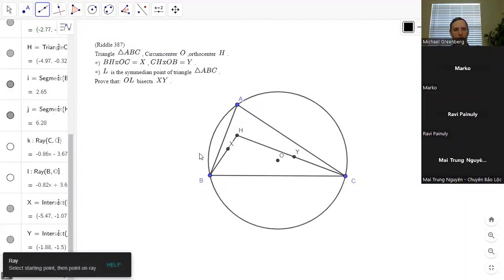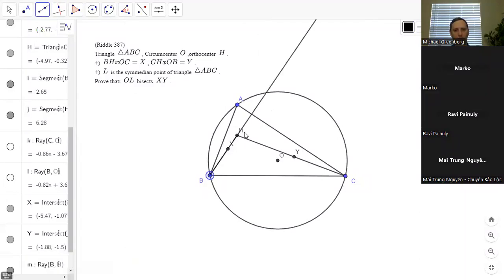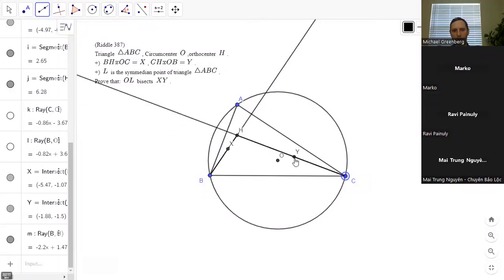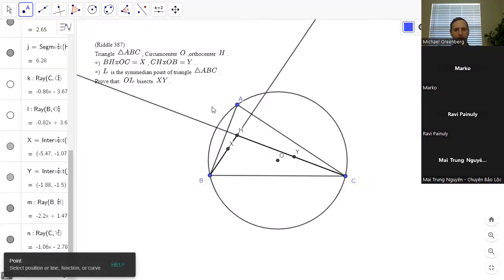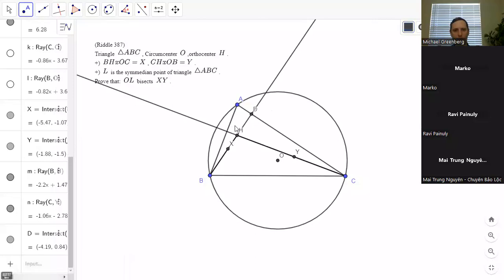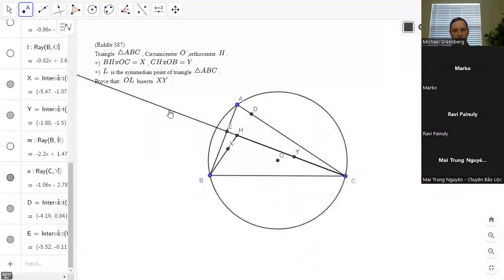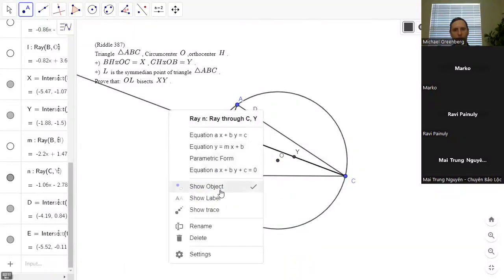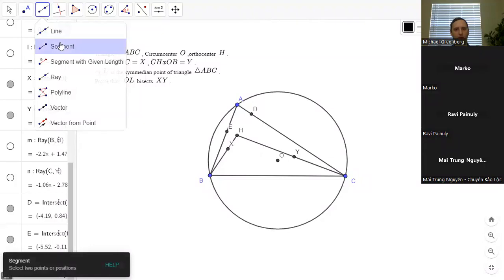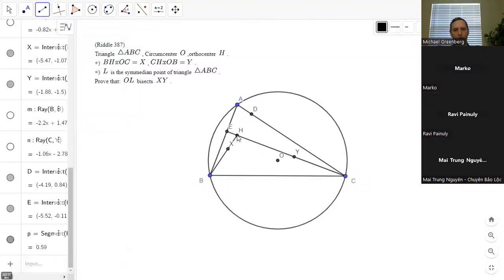So yeah, I should actually draw this whole ray. All right. And yeah, maybe we'll eventually want to see where it meets the circle, but for now, I'll just draw this.